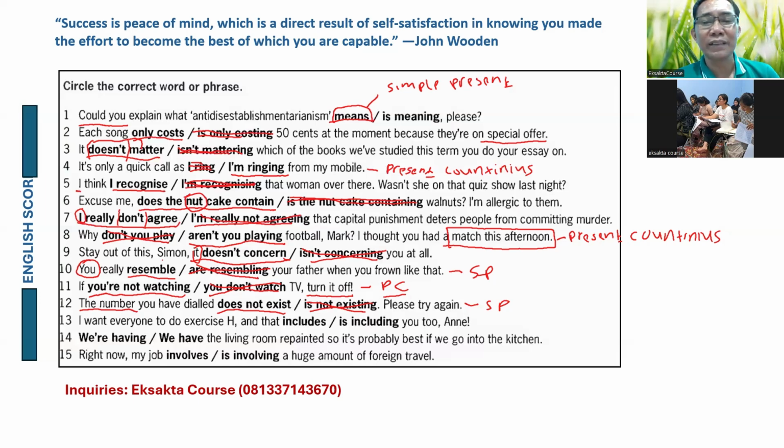Now number 13: I want everyone to do exercise, and that includes you too. It is simple present. We know that it is simple present because of want everyone to do, which we underline. Want is verb one.